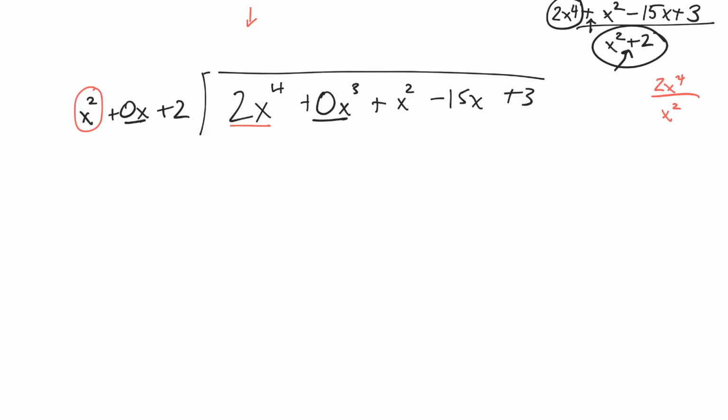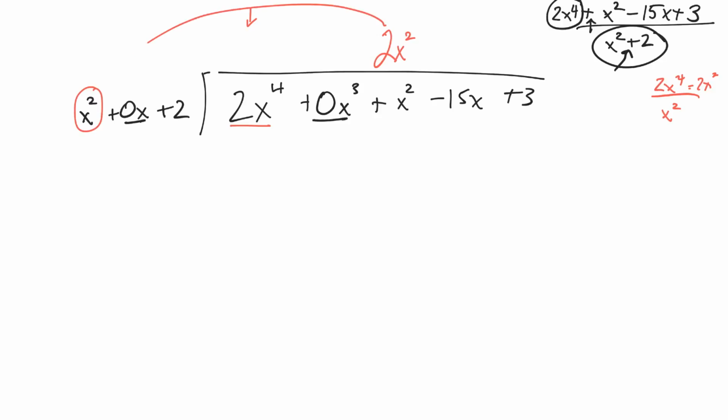So 2x to the 4th divided by x squared, my answer is an x squared term, so I'll put it over the x squared. When I divide that, your answer is 2x squared. So the 2x squared I put right there.